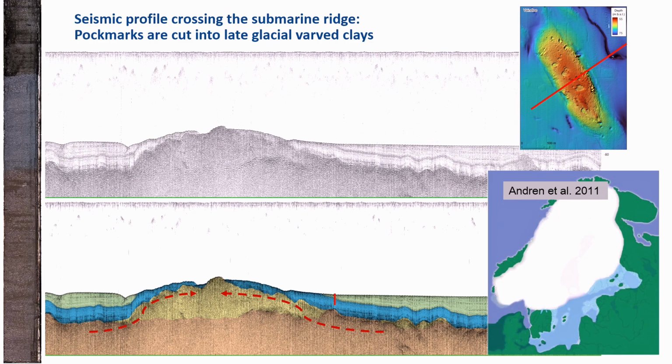The sandy layer corresponds to the melting during the summer, and the clay layer to the more general melting throughout the years. These varved clays accumulated all over the Gulf of Finland and huge parts of the other parts of the Baltic Basin, and put this 10-meter blanket on the seafloor.